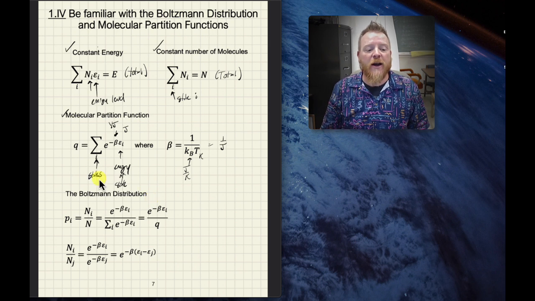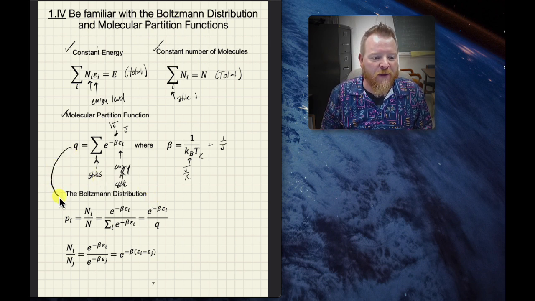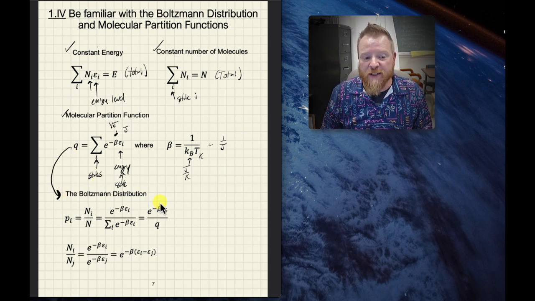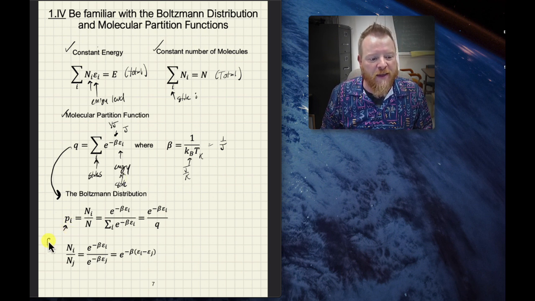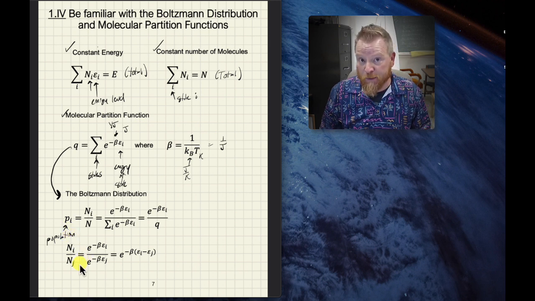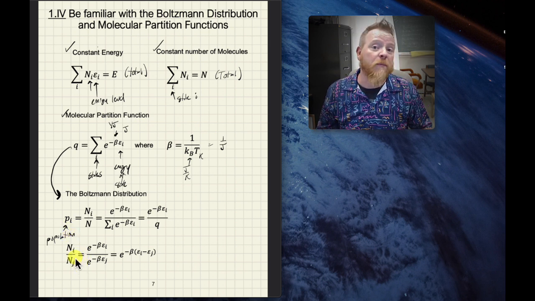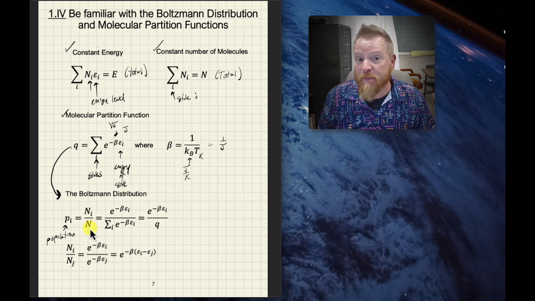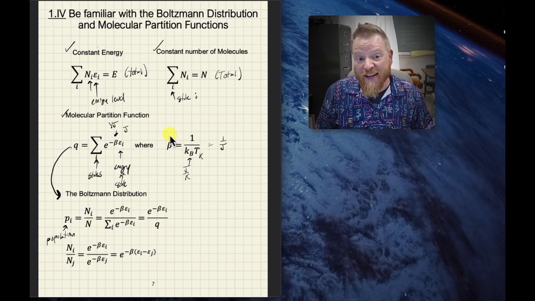And so now we finally can put all of this together in the Boltzmann distribution. The Boltzmann distribution will give us the population, expressed as a decimal, of the number of molecules in any state compared to the total. So N_i is the number of molecules in any state i, and N is the total.